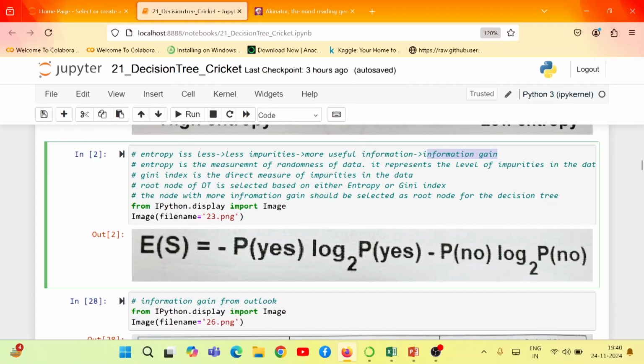So the formula to calculate the entropy is this: E(S) is equal to minus P(yes) log base 2 P(yes) minus P(no) log base 2 P(no), where E(S) represents the entropy of the sample space and P(yes) represents the probability of yes and P(no) represents the probability of no. The sample space S indicates all data points, right? So that is the idea of how we calculate entropy.